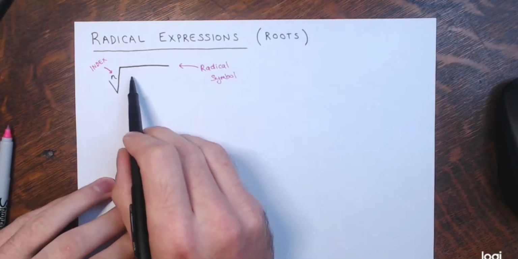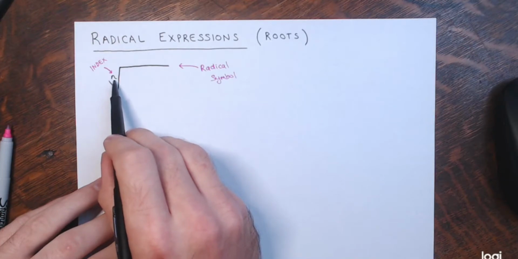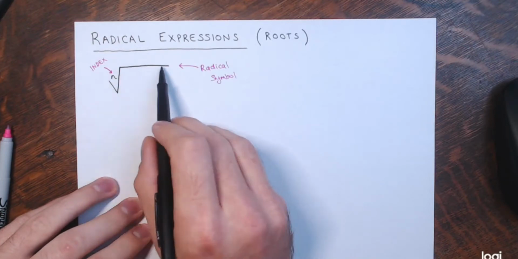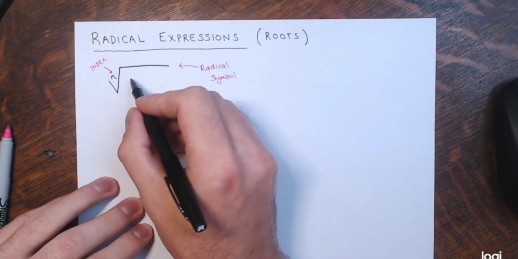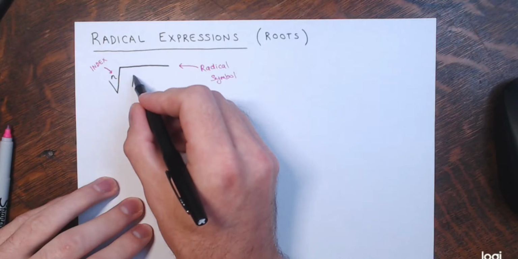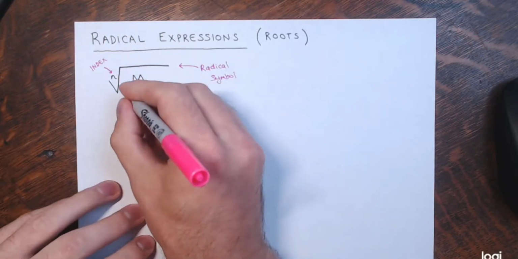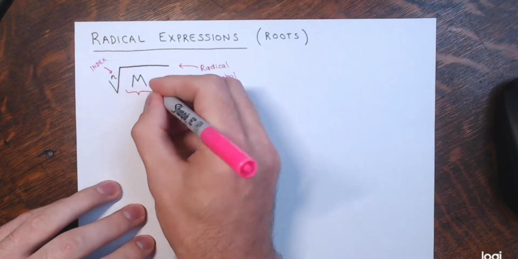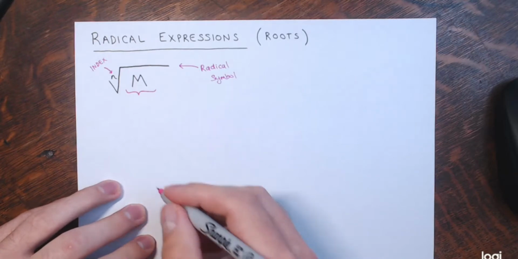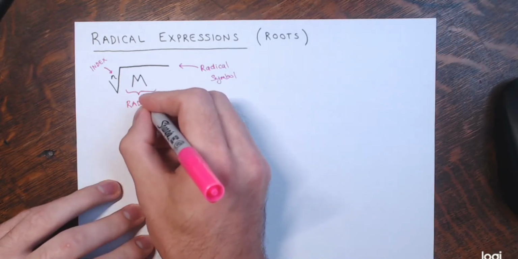Then underneath the symbol is what you're taking what's called the nth root of. You're taking the nth root of some expression in here. Now I'm just going to use a letter, say m. And this expression that's underneath the symbol or inside the symbol, this is called the radicand.